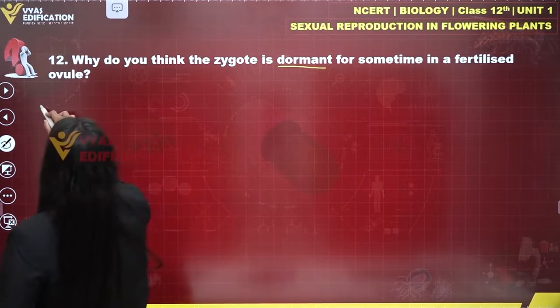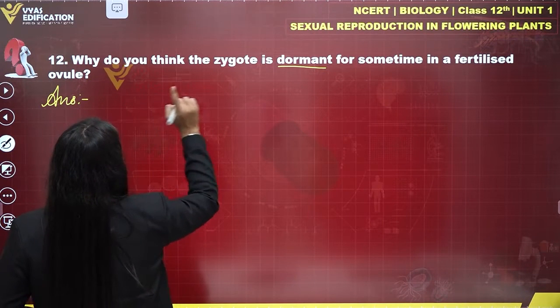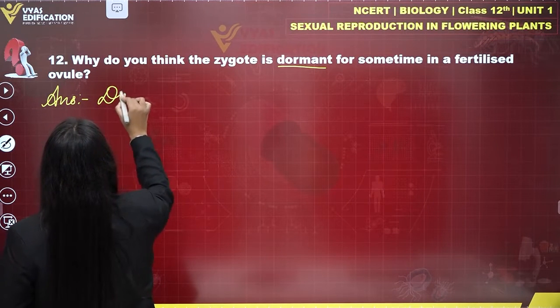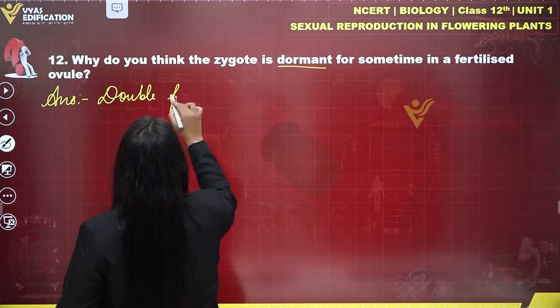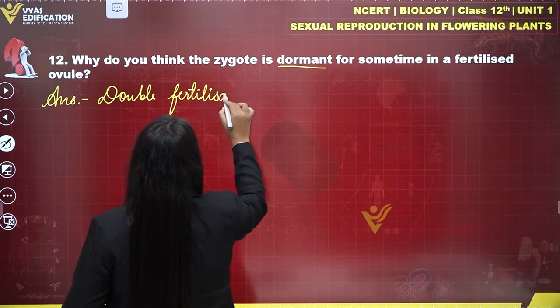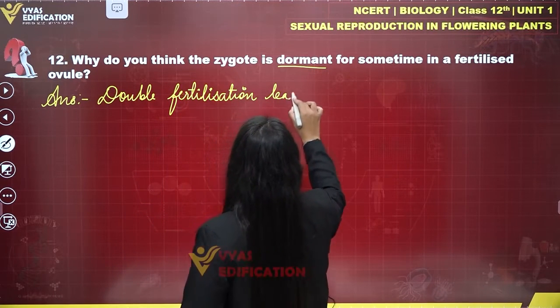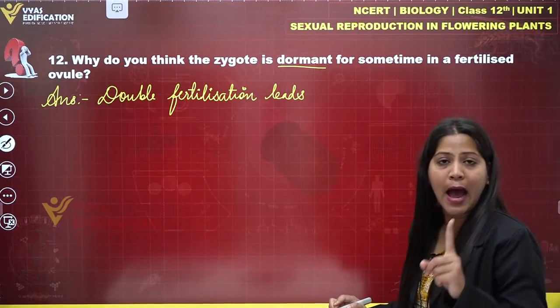So now let's see how we can write the answer to this. Why is the zygote dormant? We will start our answer with double fertilization. We know that double fertilization has 2 processes, syngamy and triple fusion.